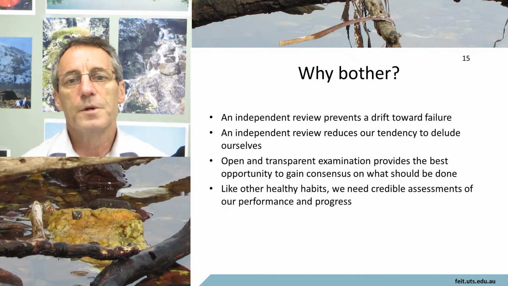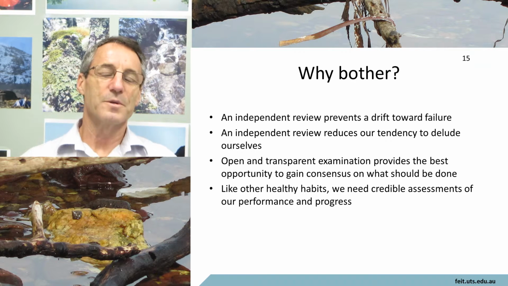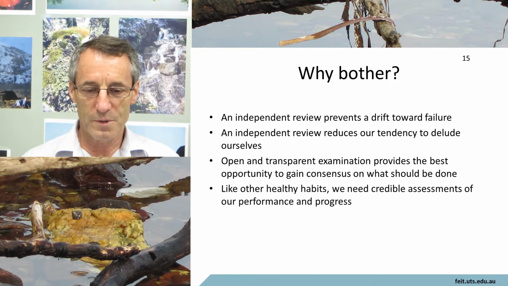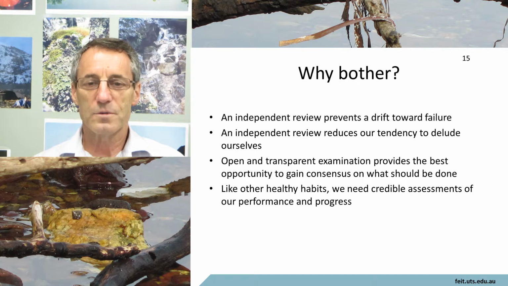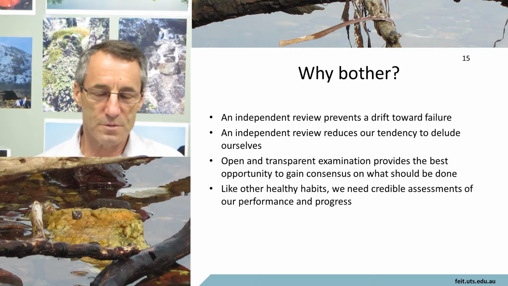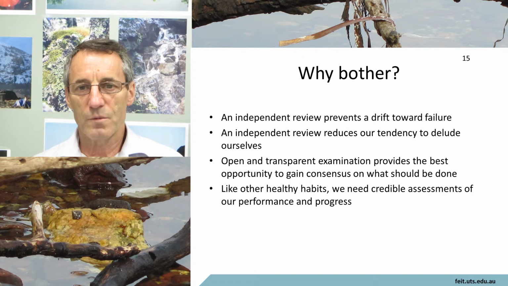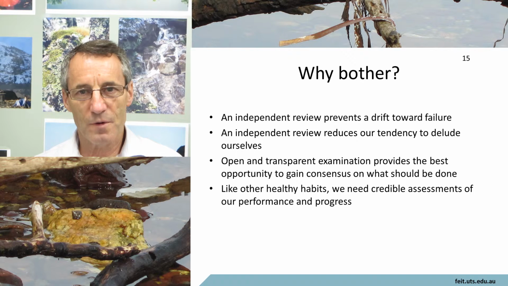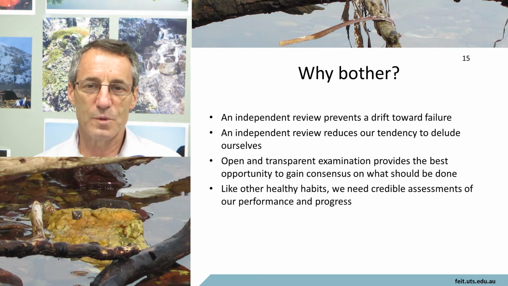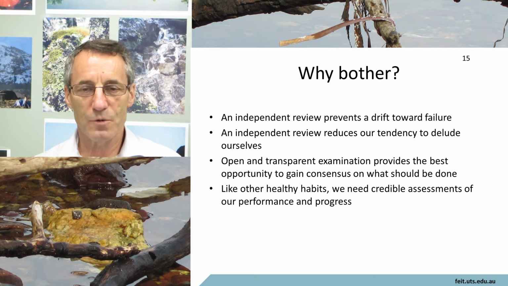Now, why bother? I mean, usually the reputation of audits is that they're an absolute pain. Somebody comes along and they disrupt everything, they look at everything, they ask all sorts of questions that sometimes seem ludicrous, and they come back with all sorts of advice that is difficult to implement, and with a reputation of being somewhat inconsiderate about it all.